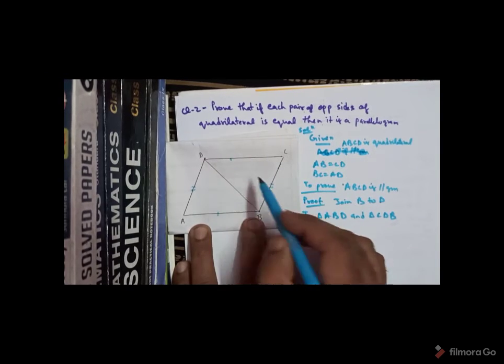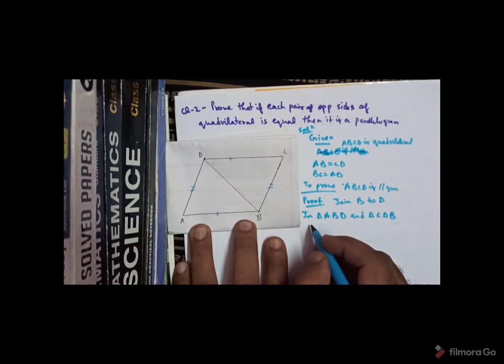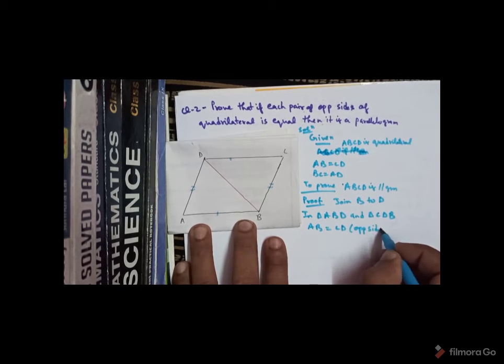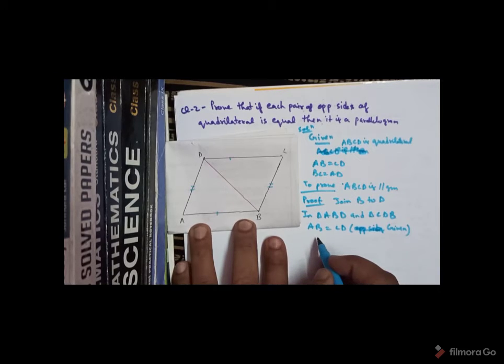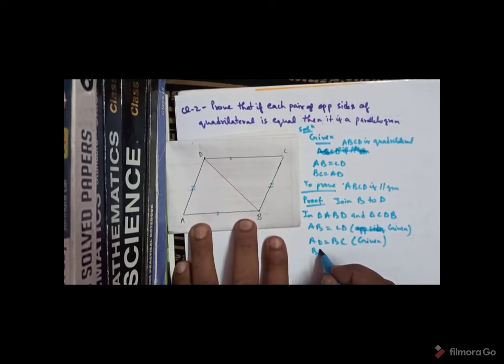In triangles ABD and CDB, we can see that by SSS congruence, very simple, AB equals CD, opposite sides, it is given in the question. And AD equals BC, it is also given in the question. And BD is equal to BD, that is common.